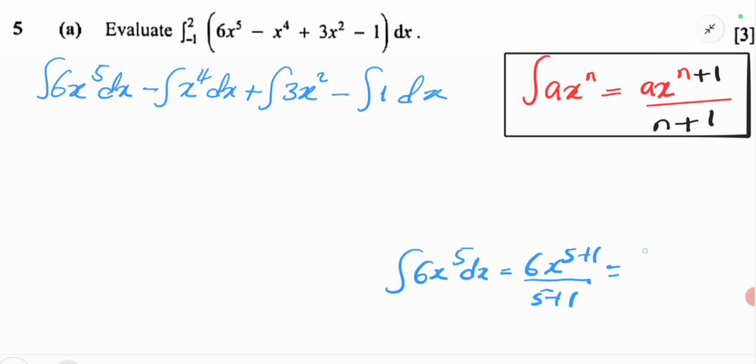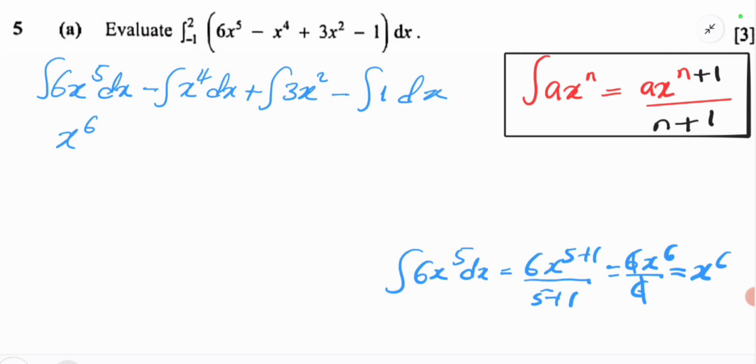So we have 6x to the power 6, since 5 plus 1 is 6, and I'll divide this whole thing by 6. You can clearly see that this 6 will divide with that 6, leaving us with x to the power 6. This means that if we integrate 6x to the power 5 with respect to x, what we expect as our answer is simply x to the power 6. So the first part is done.